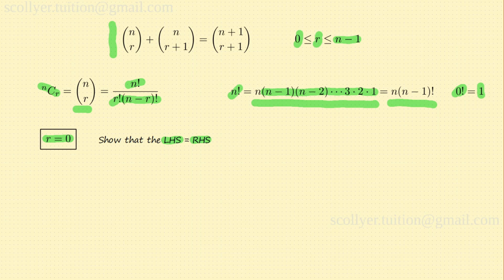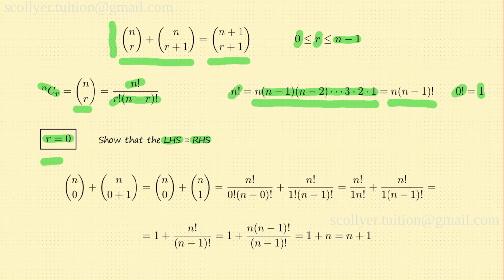So for the case r equals 0, the left-hand side becomes n choose 0 plus n choose 0 plus 1, which reduces to n choose 0 plus n choose 1. We then apply this definition to turn n choose 0 into n factorial over 0 factorial times (n minus 0) factorial, and n choose 1 into n factorial over 1 factorial times (n minus 1) factorial.